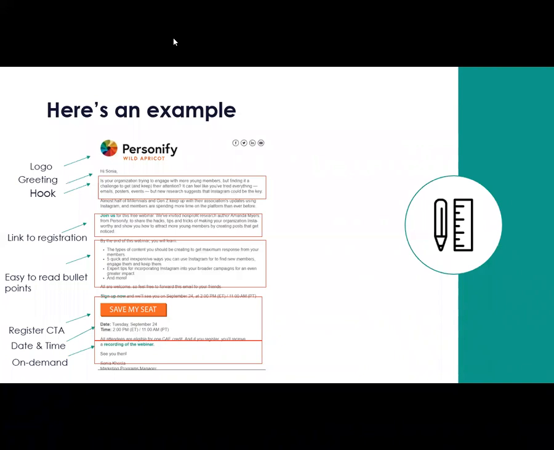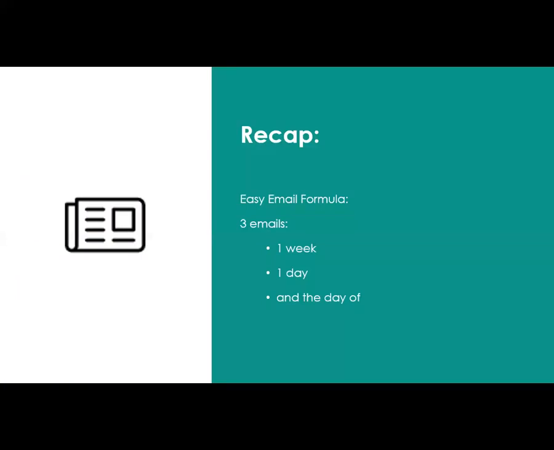So this is the structure that I use for all of my reminder emails that I send out 3 times. As mentioned, it's going to be 3 emails: 1 week, 1 day, and then the day of.